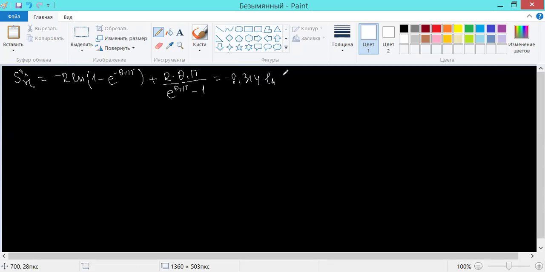Thank God we've got good calculators. I hope that you do. And remember that the first characteristic temperature is this one.